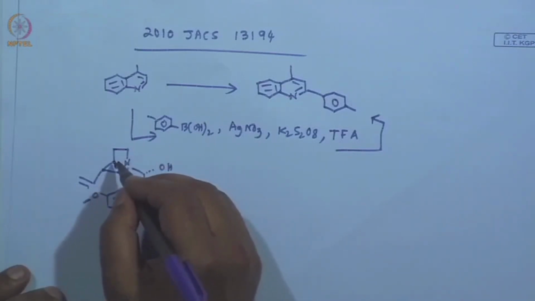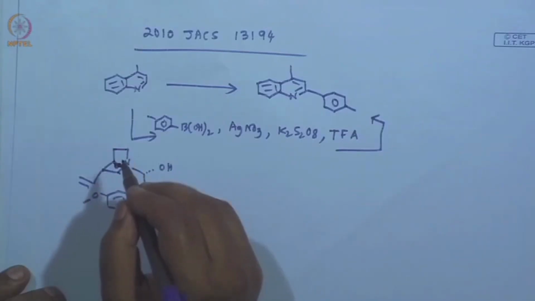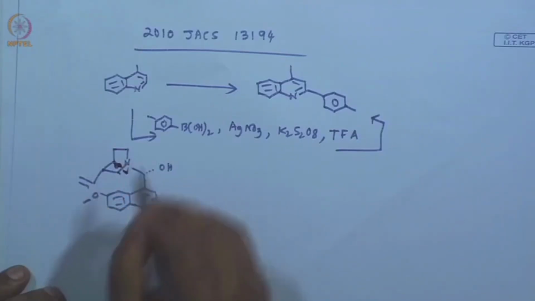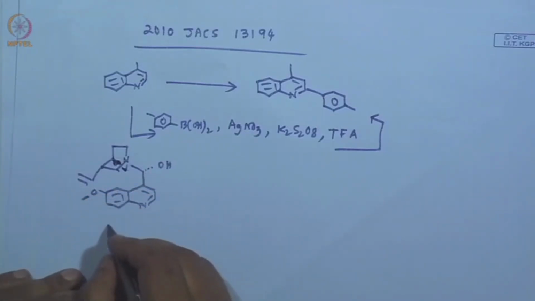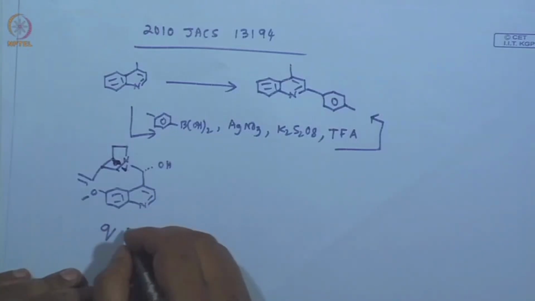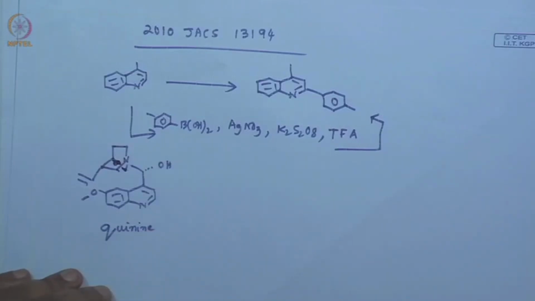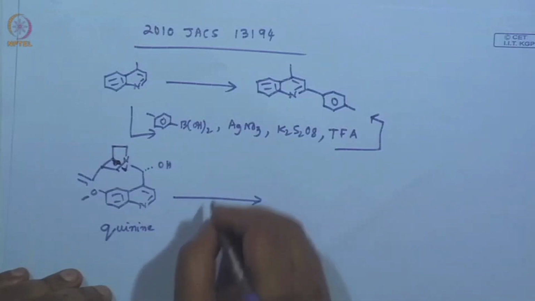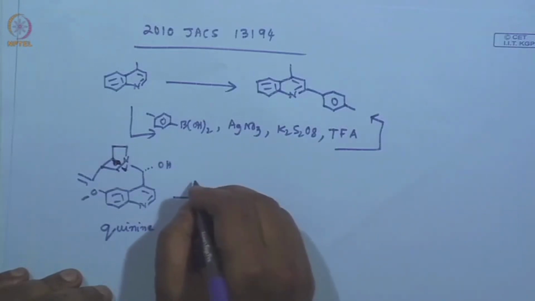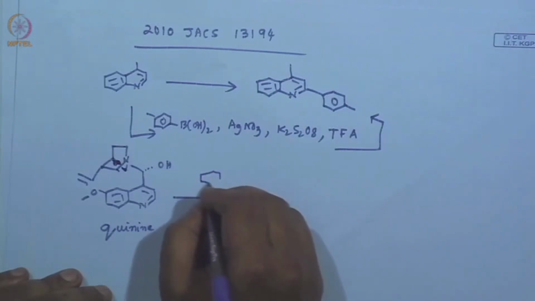So, it is a 1-azabicyclo[2.2.2]octane. And then you have a vinyl group, and a methoxy group. This is the quinoline moiety, and all of us know the name. What is the name? You have to know. Quinine.